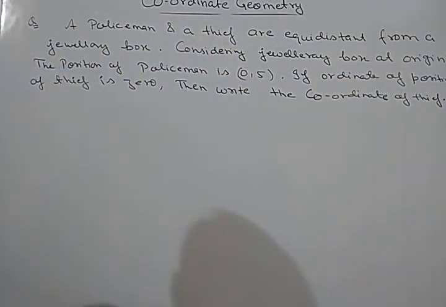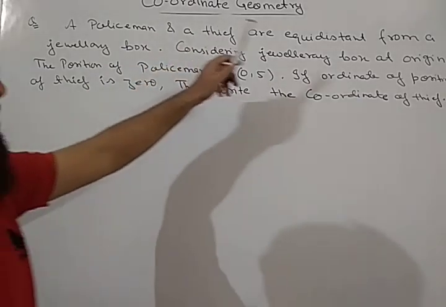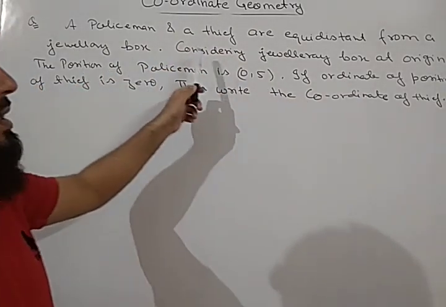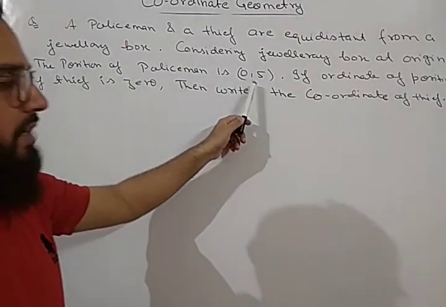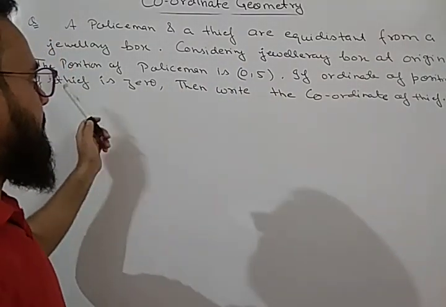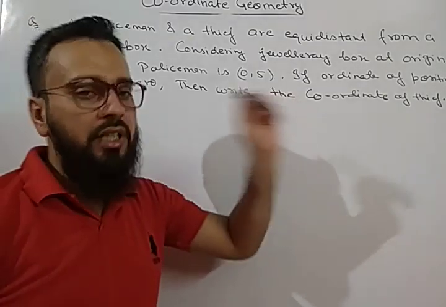So this is our question. A policeman and a thief are equidistant from a jewelry box. Considering the jewelry box at the origin, the position of the policeman is (0, 5). If the ordinate of the position of the thief is 0, then write the coordinates of the thief.